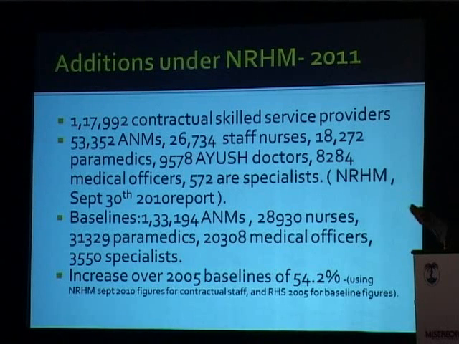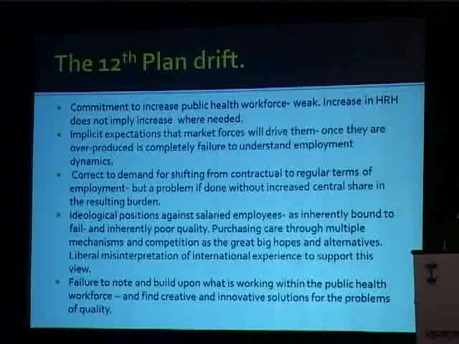The figures, though slightly dated, show about 1,40,000 contractual skilled service providers were added, of which about 60,000 are in the nursing cadre. Indeed, all the service delivery improvements which you saw in the last 5 years are perhaps attributable to just this one figure. All the rest, if we know it internally, has a very marginal role on this.